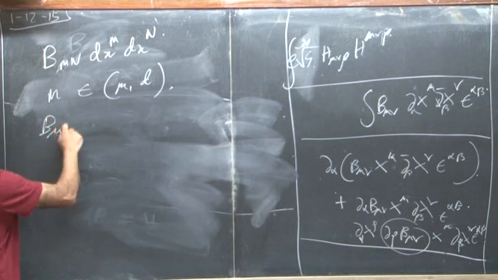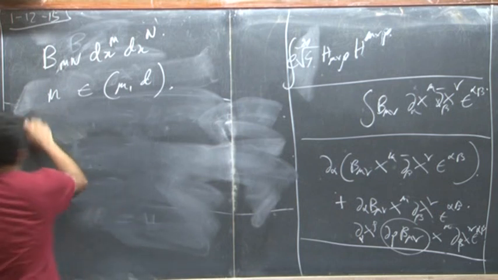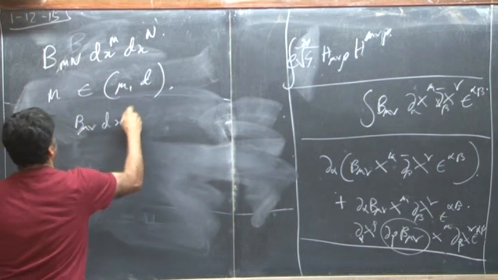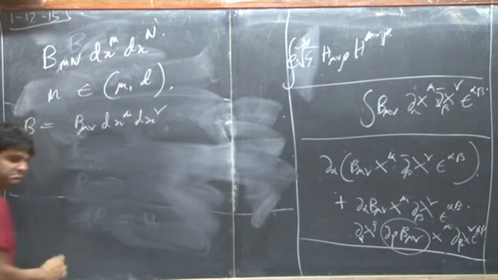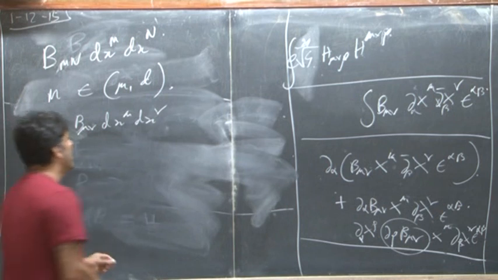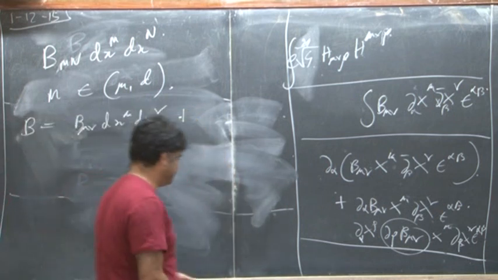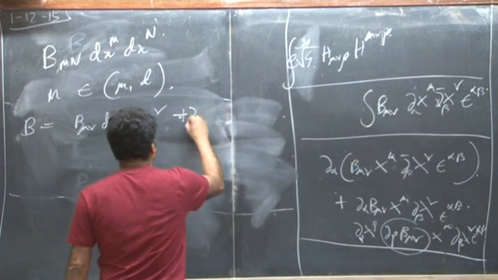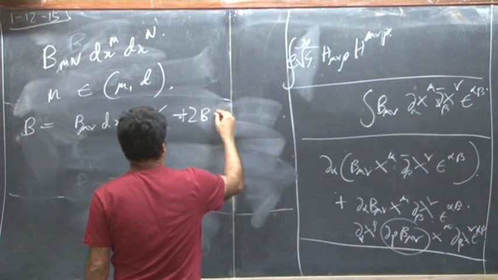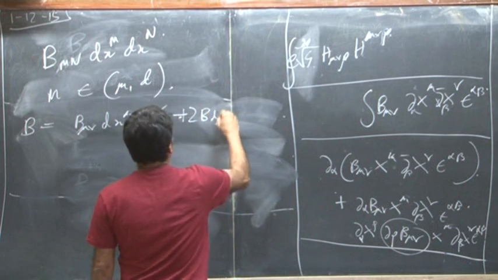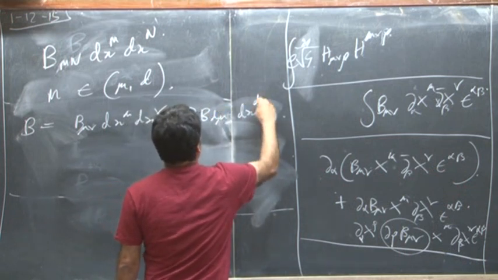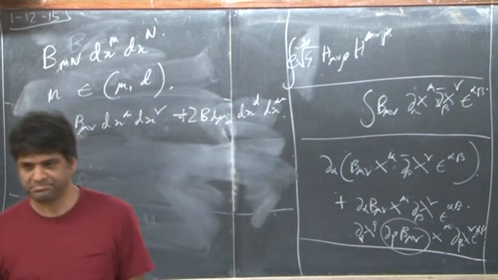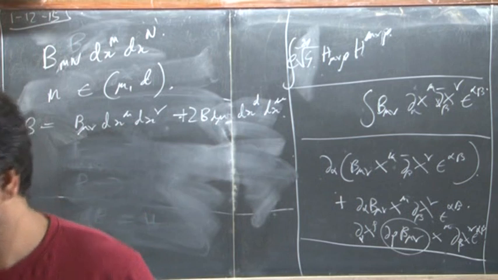There's B mu nu. So B is equal to B mu nu dx mu dx nu plus two B d mu dx d dx mu. Two because there are two such terms.